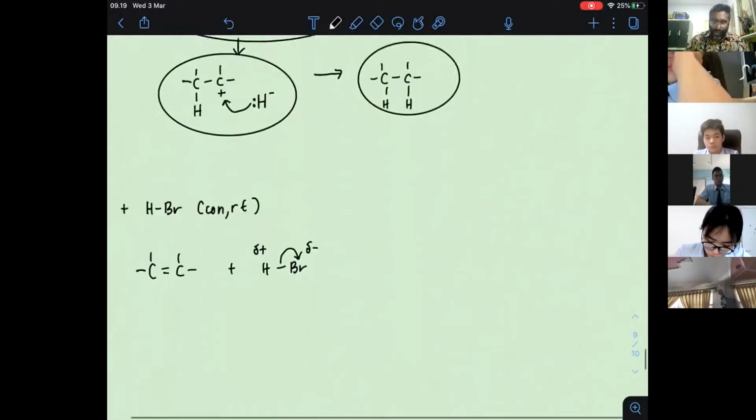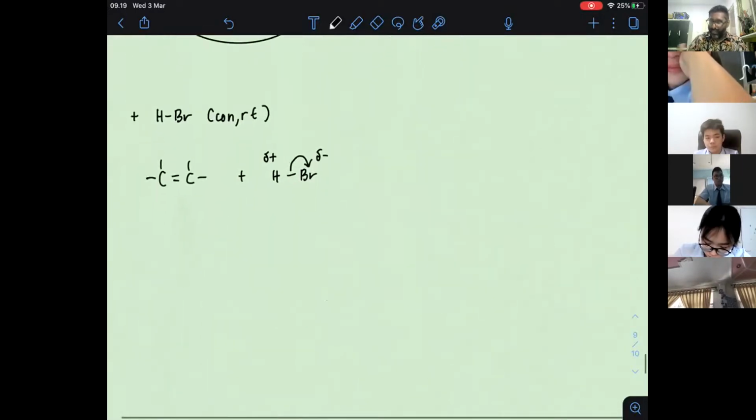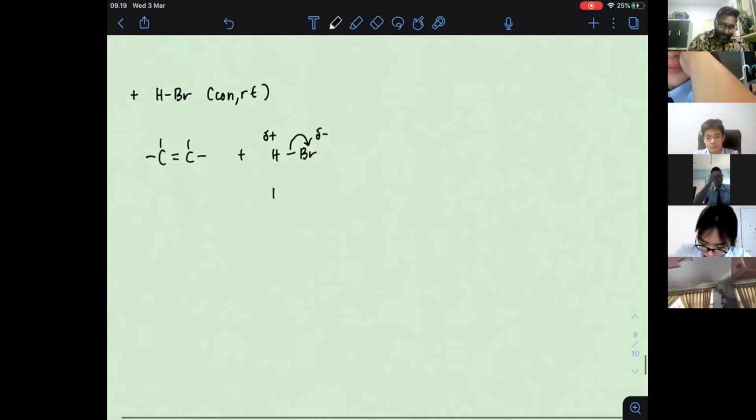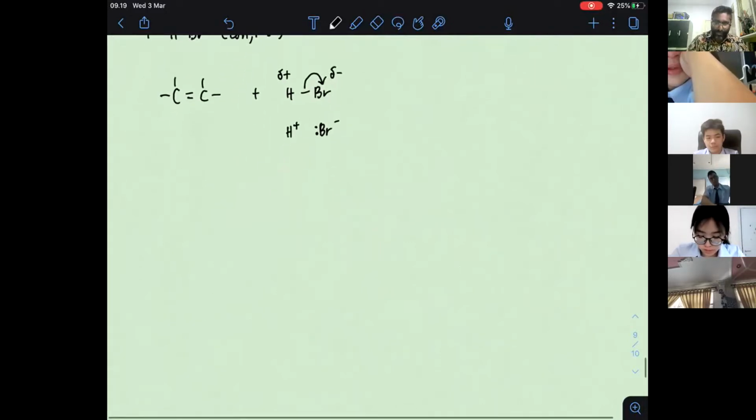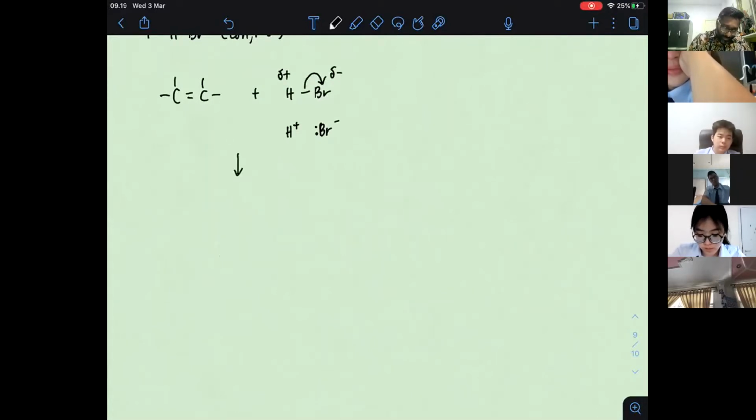So here, you are going to again have heterolytic fission. You are going to get this H plus and then Br minus. So what is going to happen next? Do remember the first curly arrow has been drawn. So the next step that we need to put is going to be just like this.